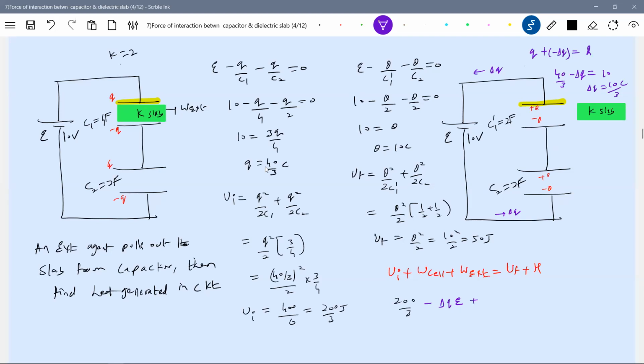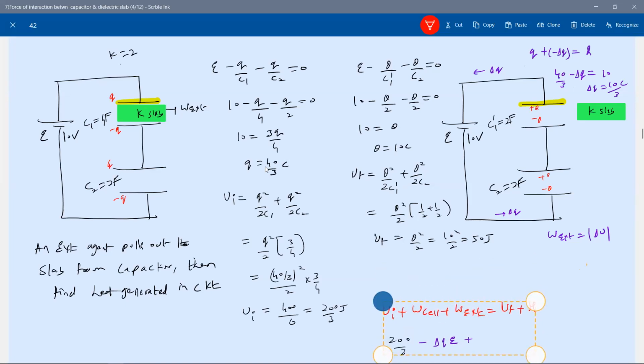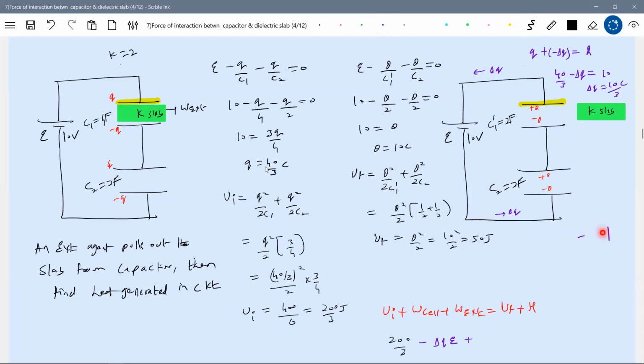Now, work done by the external agent. Again, we don't know the work by the external agent; it should be mod of delta U. Will it be positive or negative, sir? First we'll work out a few of these things, then I'll go for substitution.